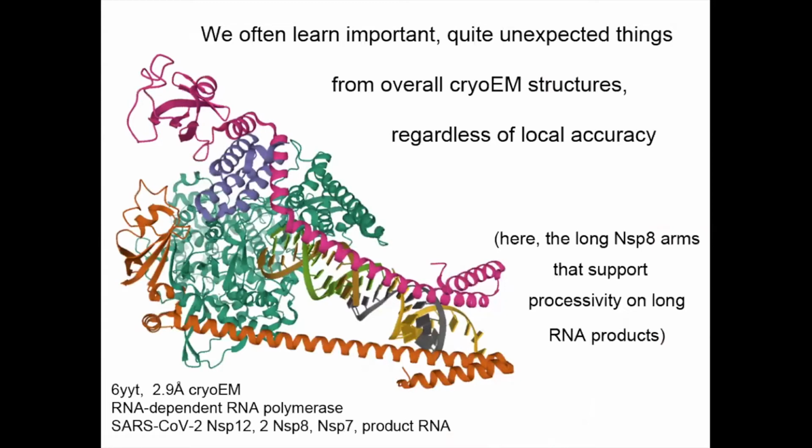So one thing to say is that you don't always have to be at high resolution and completely accurate to learn really neat things. So we've had a lot of fun, for instance, looking at and also trying to fix up the new SARS-CoV-2 structures.